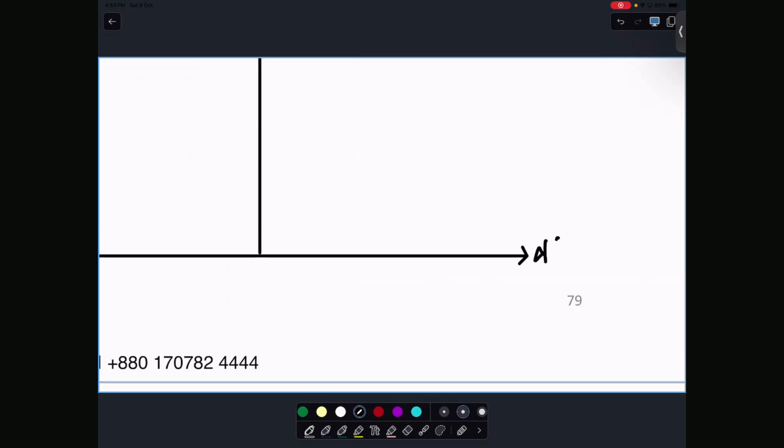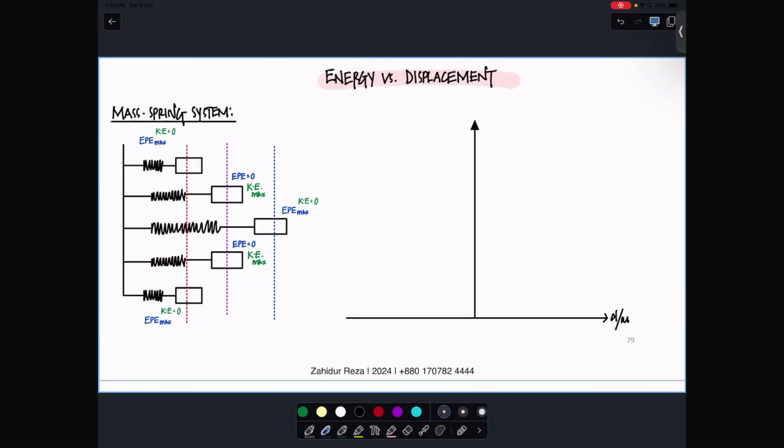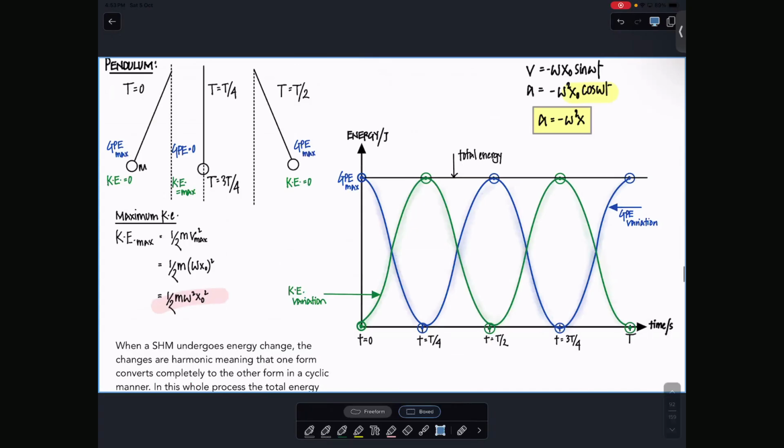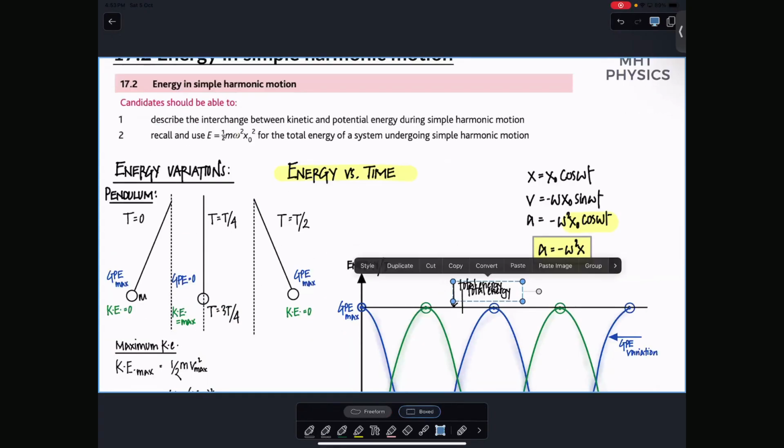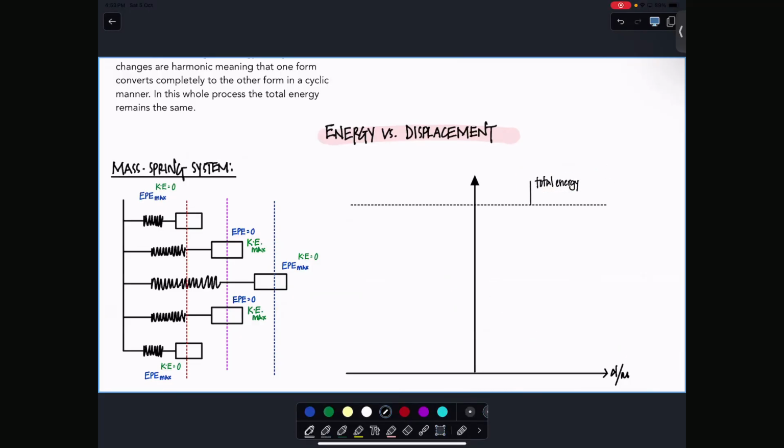Negative value. Unlike time, time can only be a what value? Positive value, right? So tell me this. I'll draw a line right now. This line. What does this line represent? Yes, total energy, right? So this is the total energy that we have, which will remain what throughout the process? Constant.